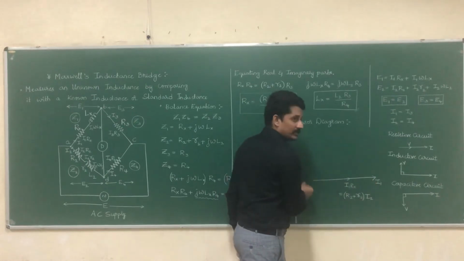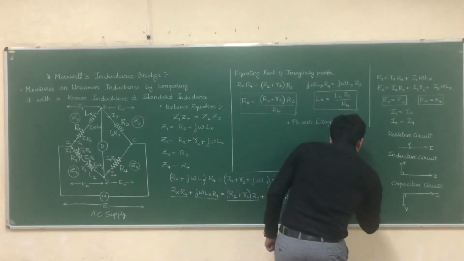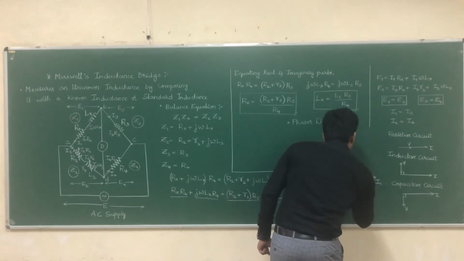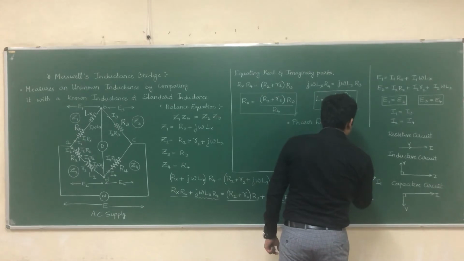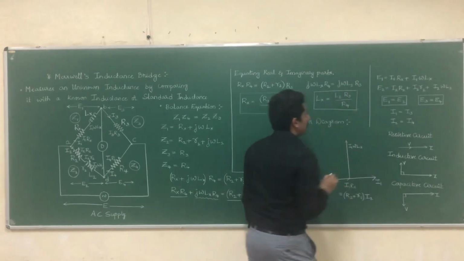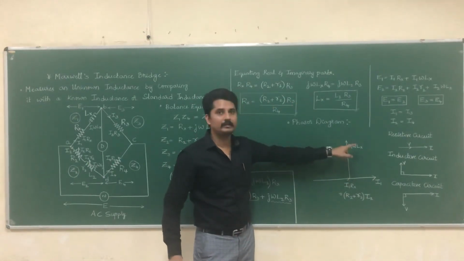If this is the current, where should be the voltage? It should be 90 degree leading, right? So here I will be getting I1 omega Lx, which is 90 degree to this.